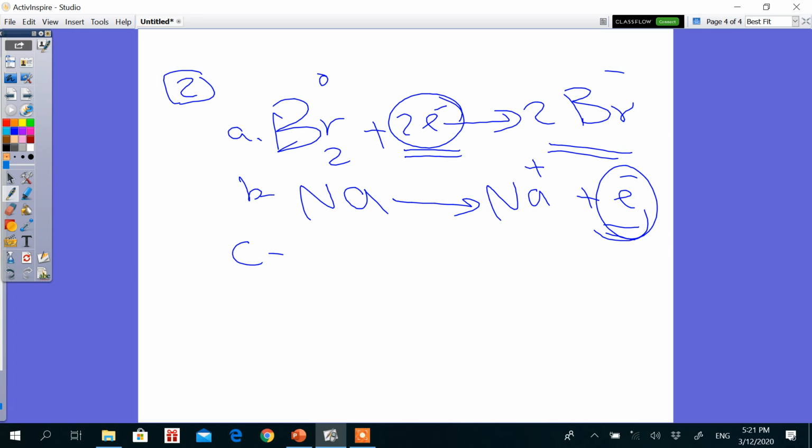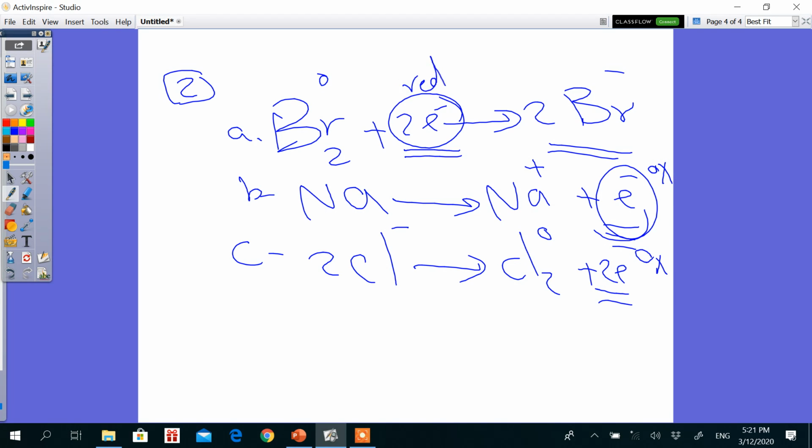Number C, the last one, 2Cl negative changes into Cl2 plus 2 electrons. Also that is oxidation because losing electrons is oxidation, but gaining electrons is reduction. So A is reduction, B and C are oxidation.